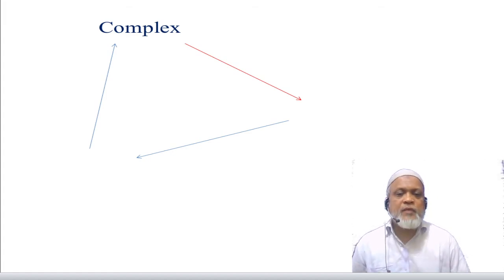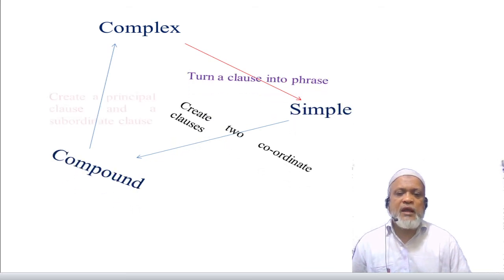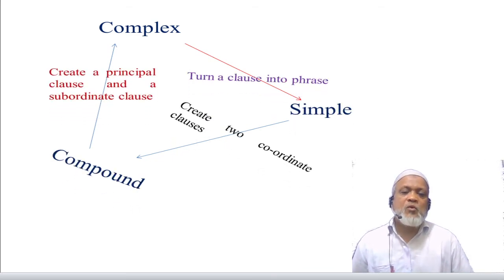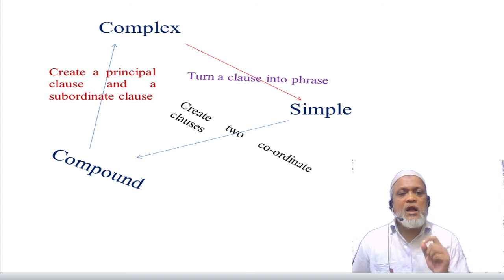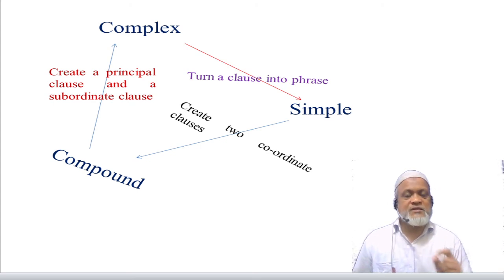If we want to make it simple or compound, we must make some changes in the complex sentence. If we want to make it simple, we have to turn a clause into a phrase.